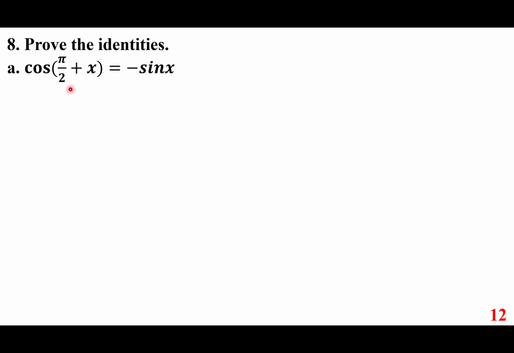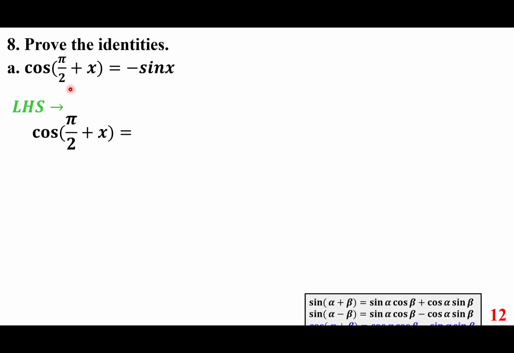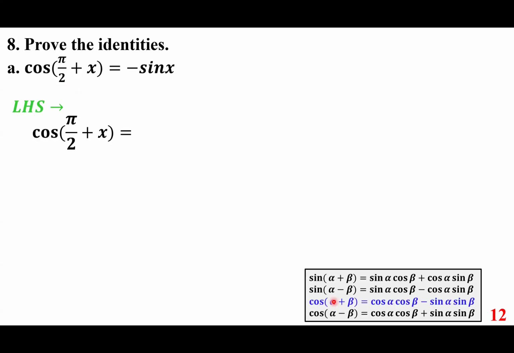Prove the identities. Cosine of pi over 2 plus x is minus sine x. Well, we're going to start with the more complicated side, which is the left-hand side. And we're going to use cosine of alpha plus beta is cosine alpha, cosine beta minus sine alpha, sine beta.